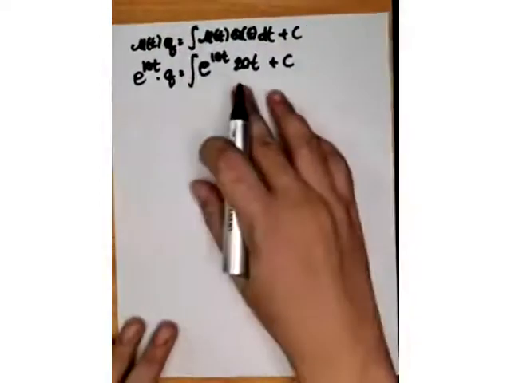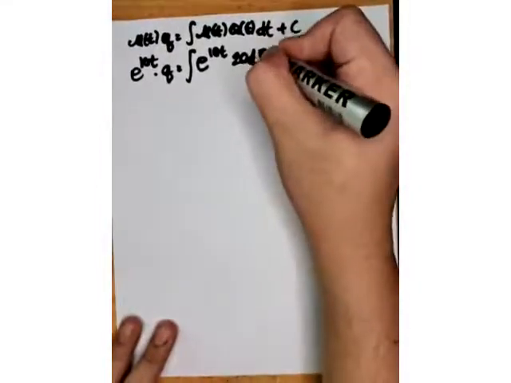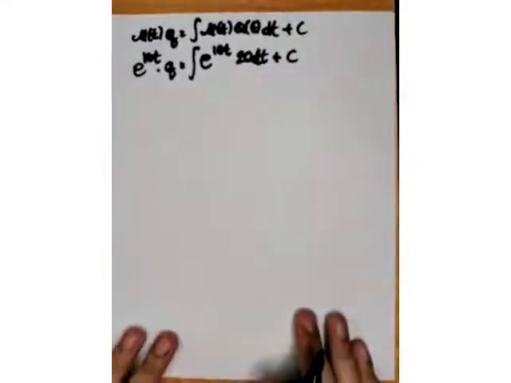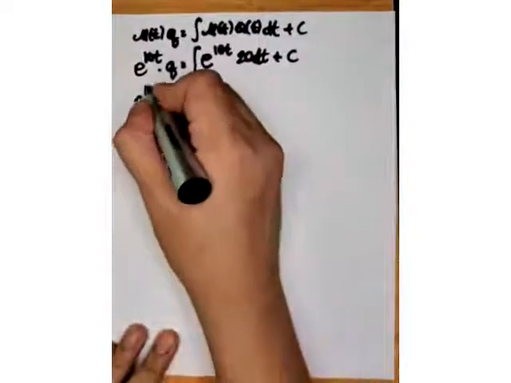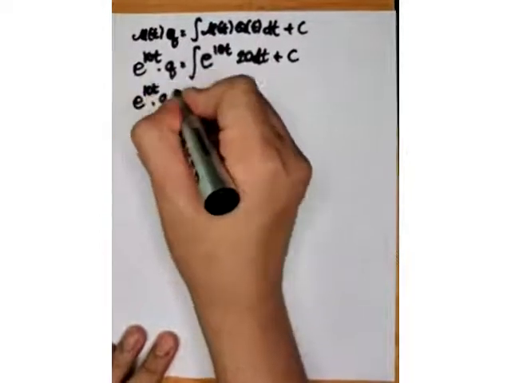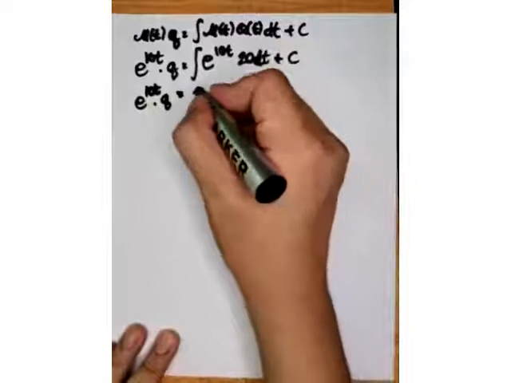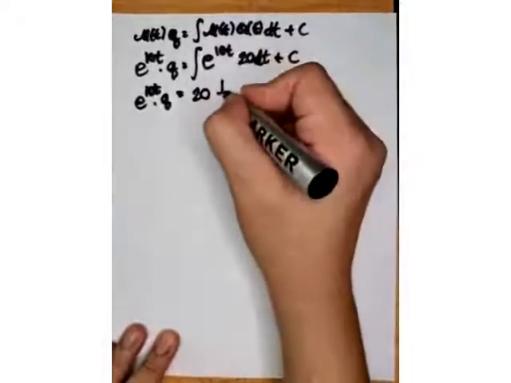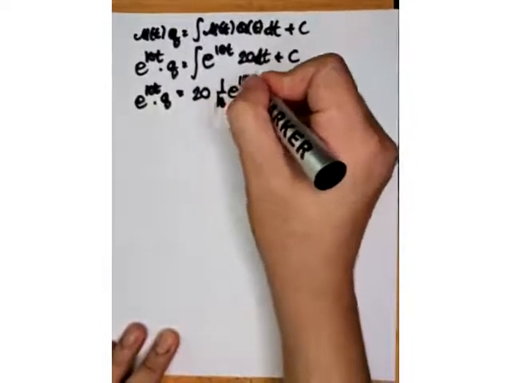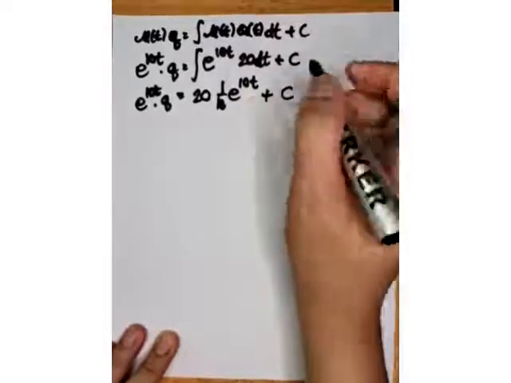Ayan. So let's integrate this. So e raised to 10t times q is equal to, so itatabi ko muna yung 20. So that's 1 over 10 e raised to 10t plus c.